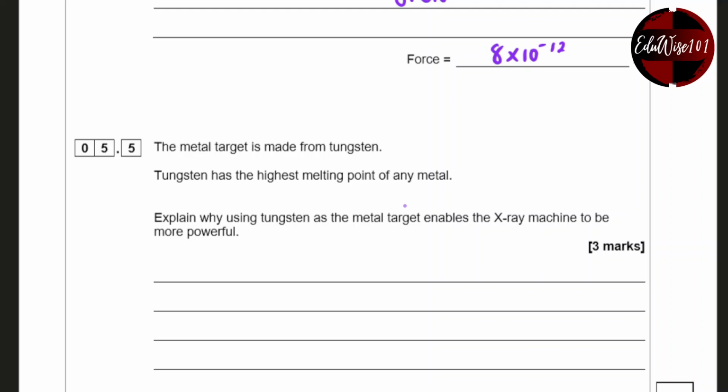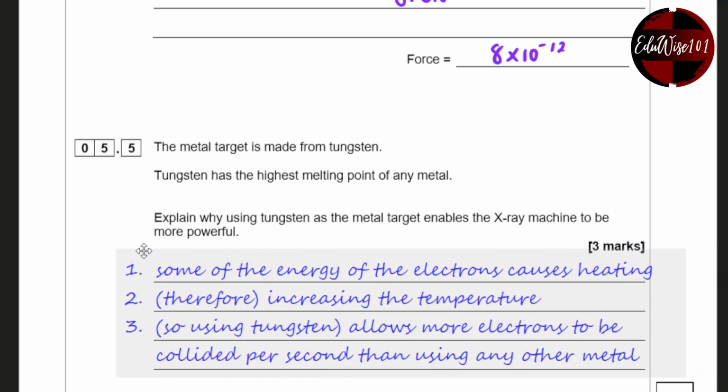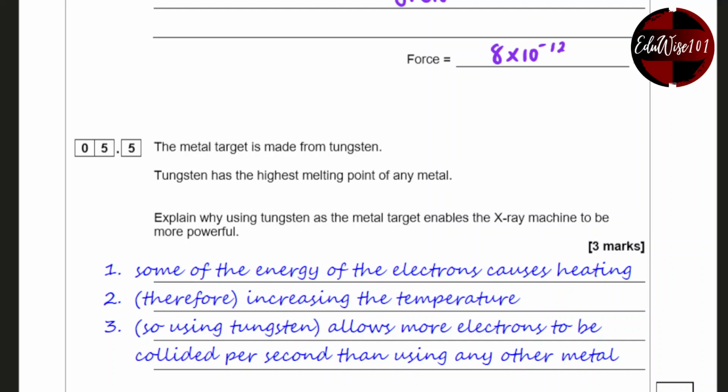For it to produce X-rays, you need high energy. Some of the energy of the electrons causes heating, therefore increasing the temperature. So using tungsten allows more electrons to be collided per second than any other metal. That brings us to the end of question number 5.